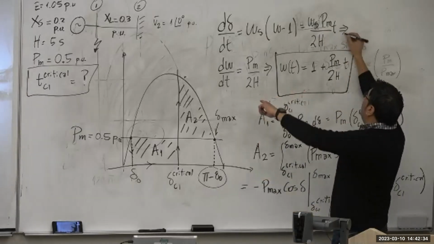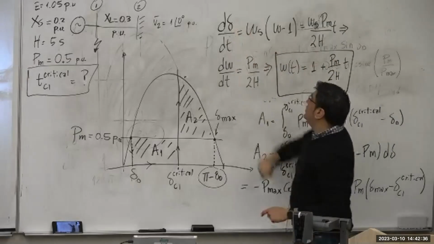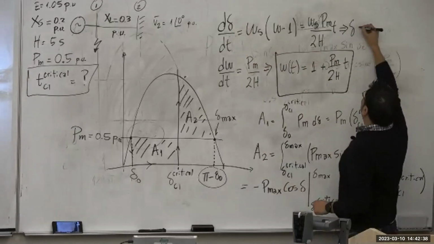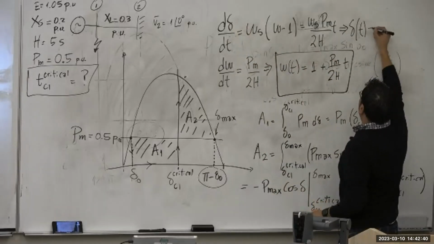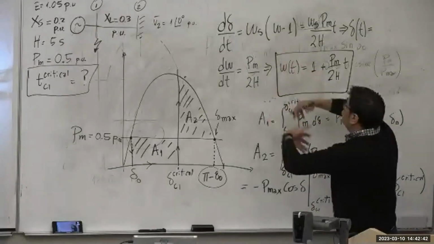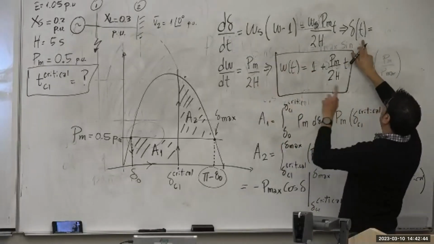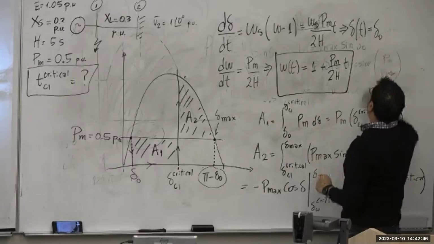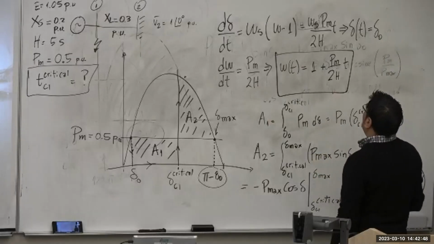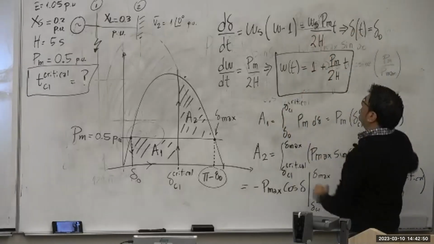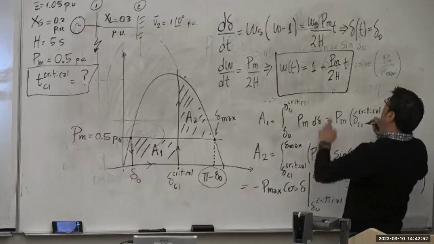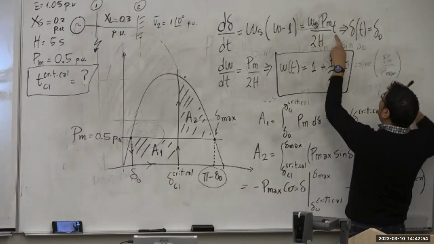And now we can get the integral of these to obtain the angle. So the angle will be a constant, the angle at time 0, which is delta 0, plus the integral in time of this. This depends on t.